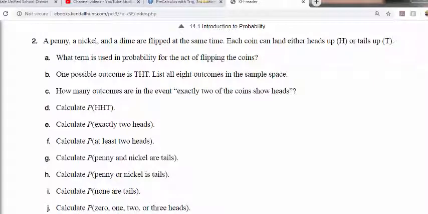Okay, moving on to B. One possible outcome is tails, heads, tails. List all outcomes in the sample space. One really useful way of doing this is to use a tree diagram.